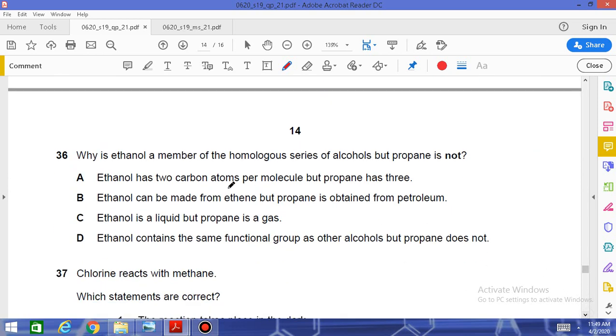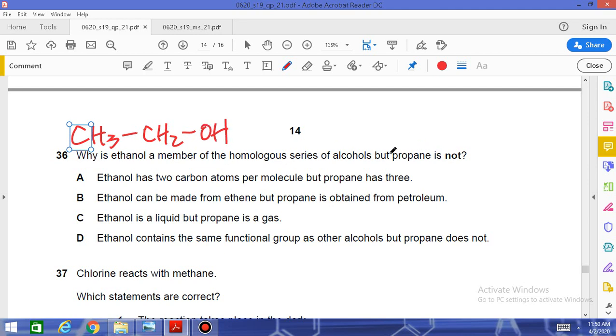36. Why is ethanol a member of the homologous series of alcohols but propane is not? I want to draw the structural formula of ethanol first. CH3CH2OH, ethanol, an alcohol with two carbon atoms. Remember the functional group of alcohol is hydroxyl, OH.